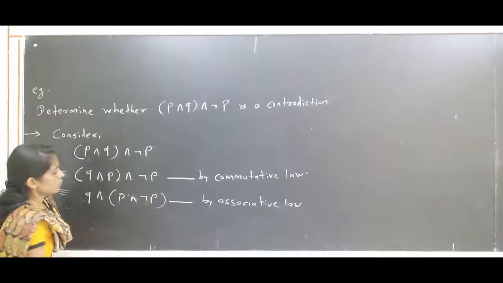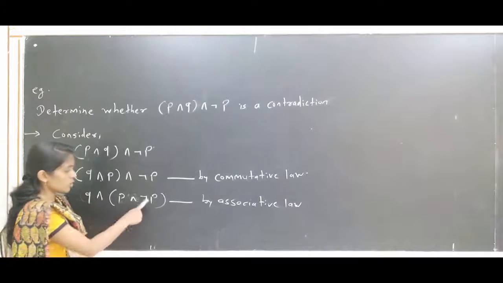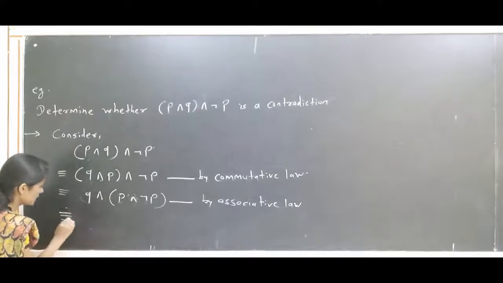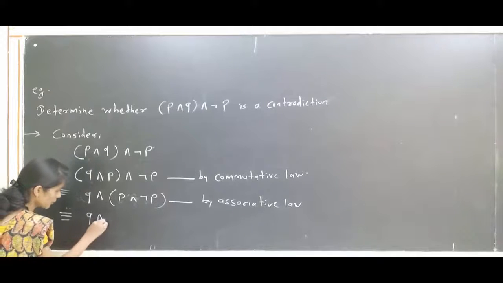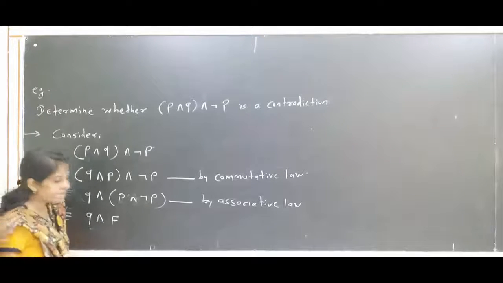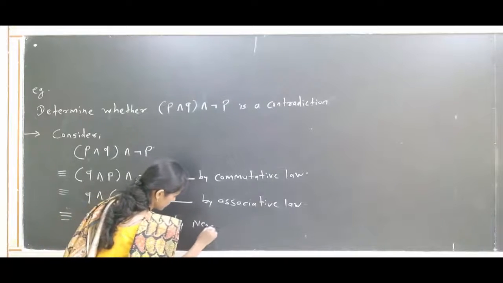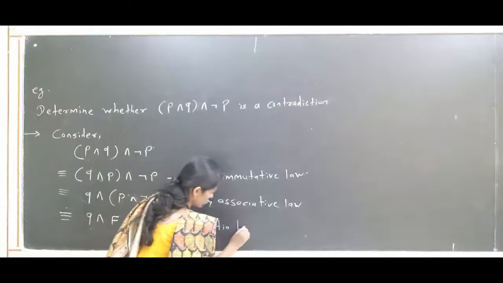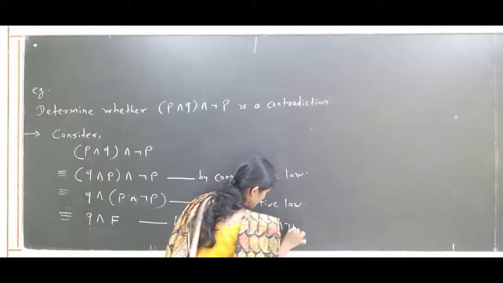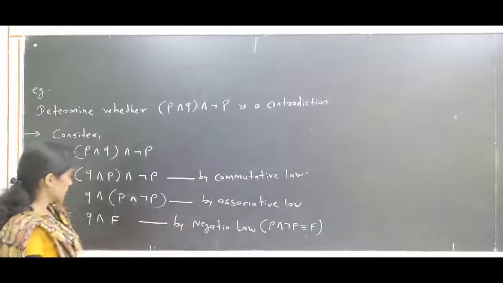Okay. Now from negation law we know that P conjunction negation P is false. So it is equivalent to Q and F, so its truth value is false by negation law. Write down this law in bracket also: P and negation P is equivalent to false, right?